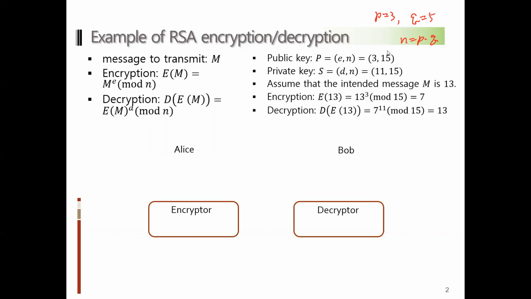So that's the advantage of the RSA algorithm. Based on this number, the RSA algorithm generates two types of key. One is called a public key and the other is called a private key. The public key is generated by combining this n value, which was 15, and another randomly chosen value. Even though this is 3, you might consider that it was one of the factors of 15.